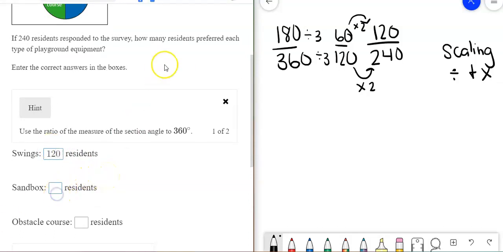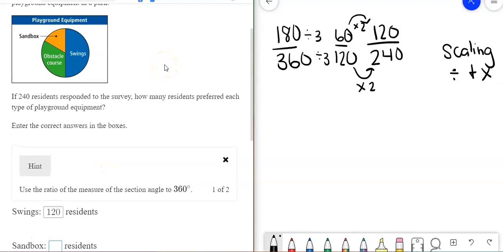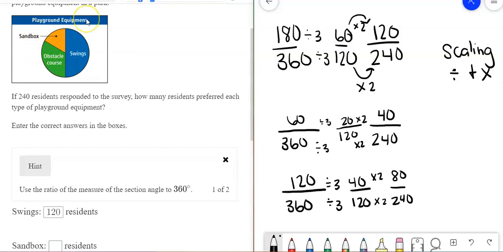And sandbox. If you use your protractor, you will see what the degree is in here. Okay, so this one is sandbox. I paused it and I went through so I could have it exactly how I wanted.